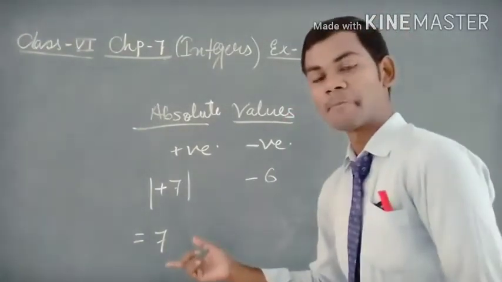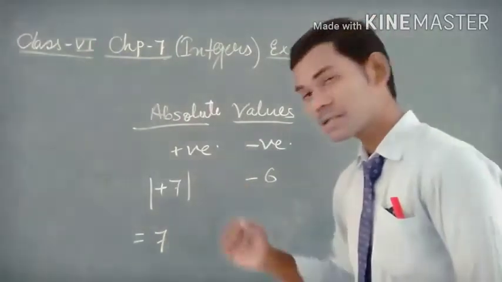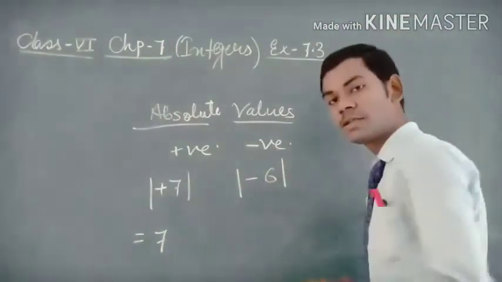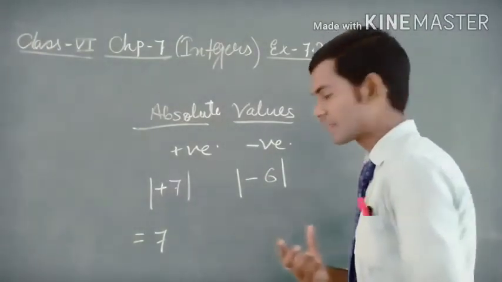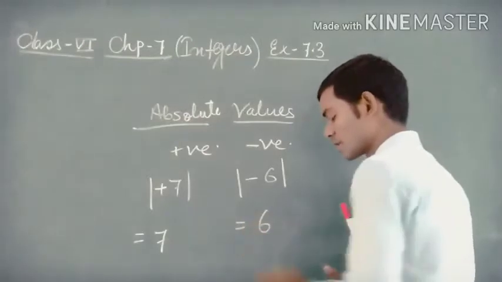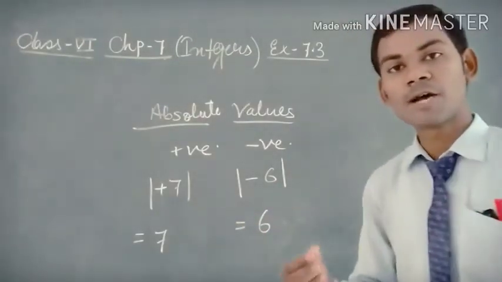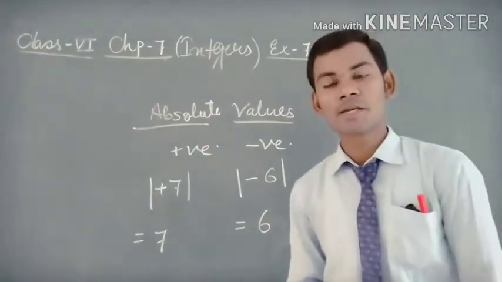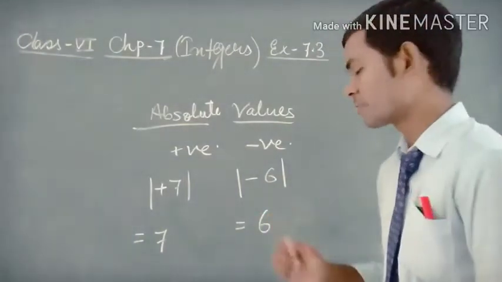So this is the absolute value of the positive integer plus 7. Similarly here we write these two vertical lines, known as the modulus value, and if we find its value then we get only 6. That is, here we write the absolute value which is without its sign.